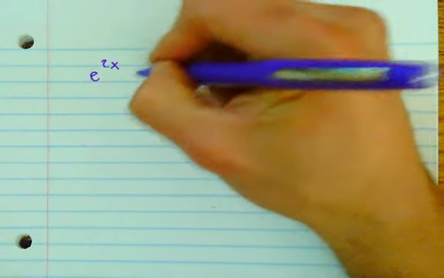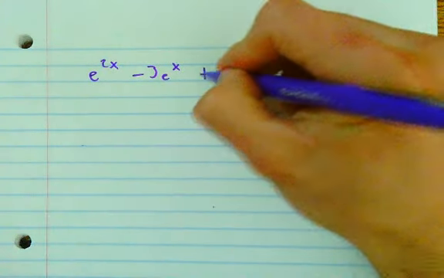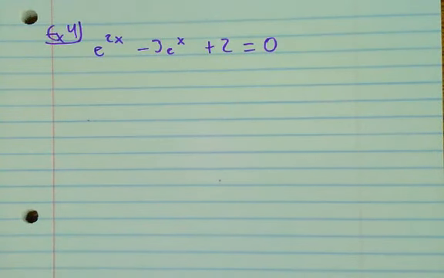Actually, there's one problem that I forgot I want to deal with on exponentials. Okay, so here we go. Check this out. What if you have the following? Okay, so we're in example number 4, I believe. e^(2x) minus 3e^x plus 2 equals 0.